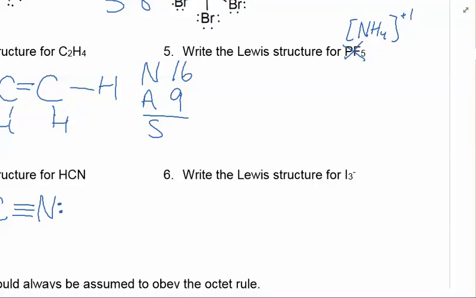Here's the thing, though. With the available, we have to take into account the charge. When we have a +1 charge on any ion, that's indicating that we lost an electron. So instead of 9, we're going to say 8. So we'll have a total of 8 shared electrons, meaning 4 bonds.